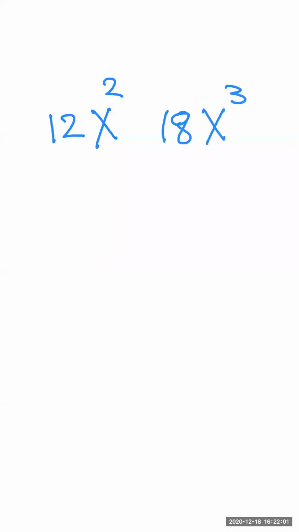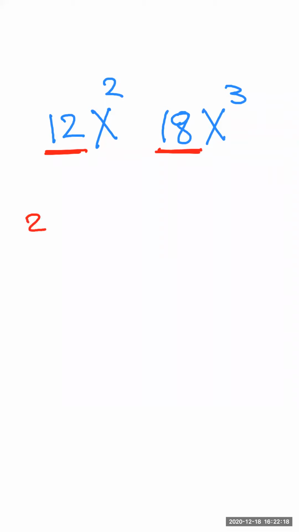Like if there is 12x power 2 and 18x power 3. Now, the first step, I'm going to find the highest common factor for the numerical coefficients, 12 and 18. Both of these numbers, 12 and 18, are divisible by 2.